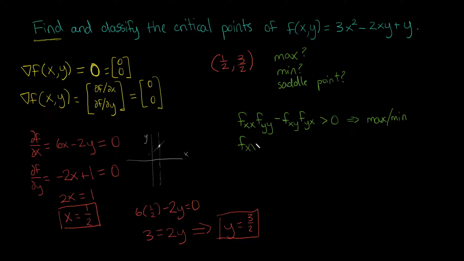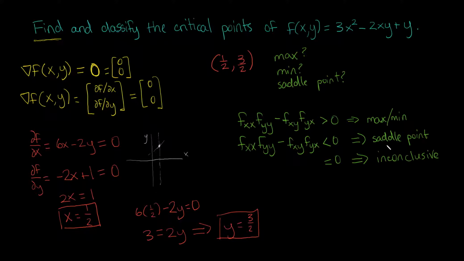But if the second partial derivative of f with respect to x times the second partial derivative of f with respect to y, minus this here, is less than 0, we have a saddle point. And if it equals 0, then we don't know. The second partial derivative test is not enough to tell us what the point is.